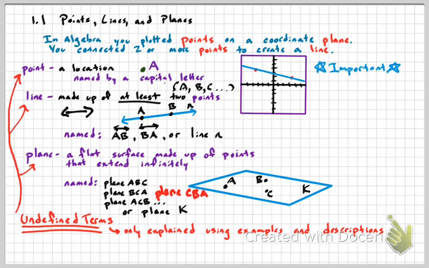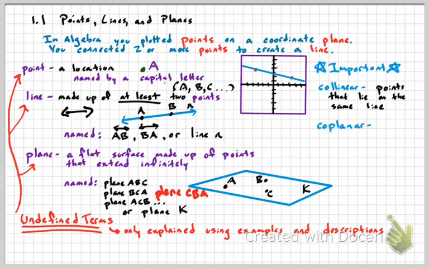So now let's look at 2 more terms that are really important. The first is collinear. Collinear are points that are on the same line. So when I say name 2 collinear points, I'm asking you to find 2 points that are on the same line.